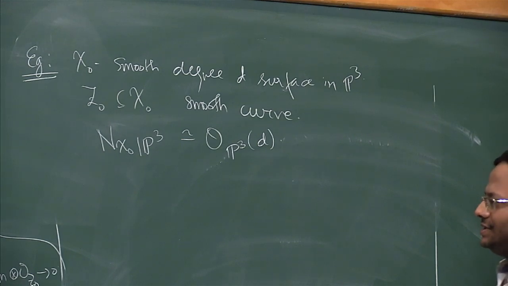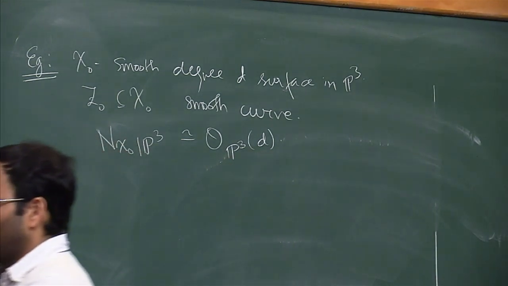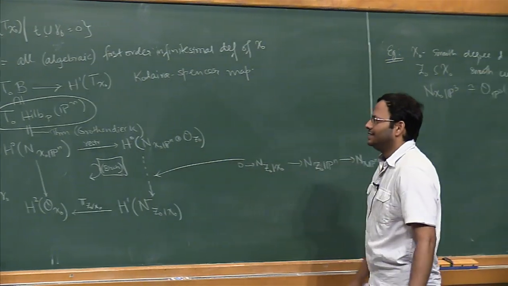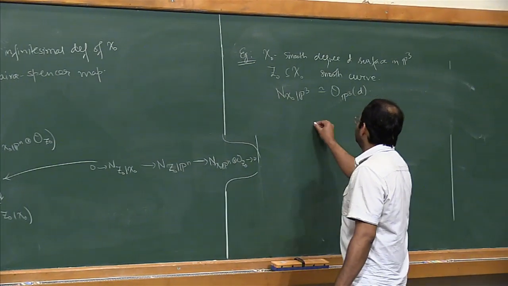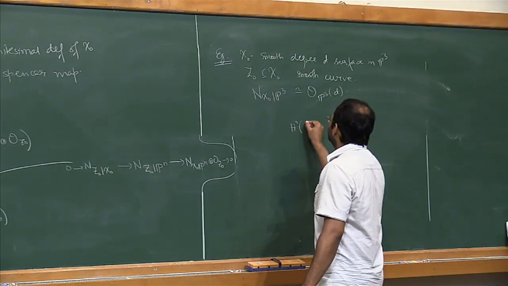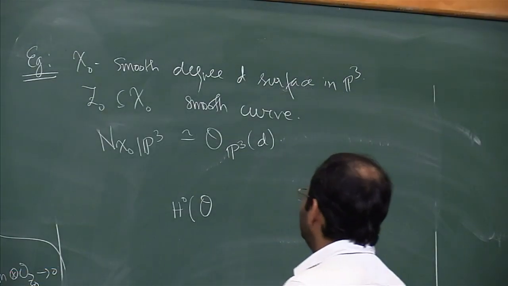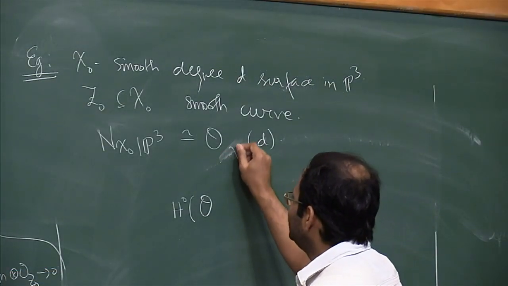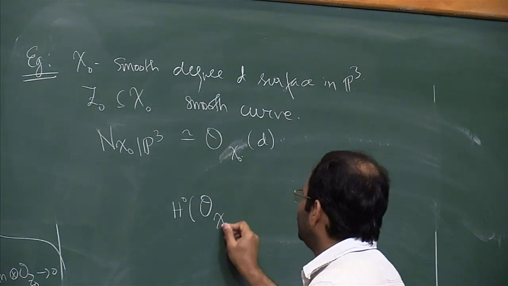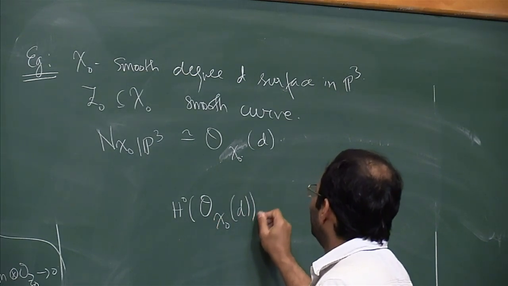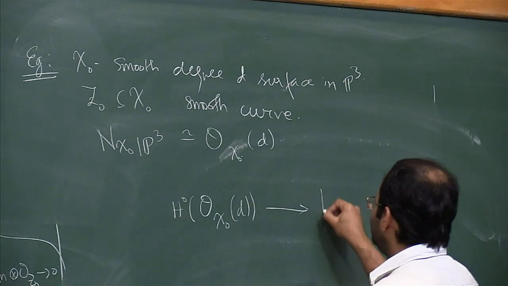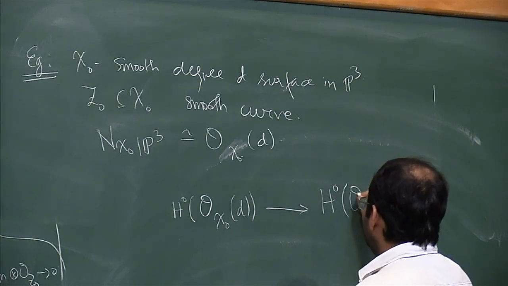Now, if you just use this, what does this restriction map become? This restriction map becomes, of O, sorry, here should be x0, D, and then I am restricting this to O.